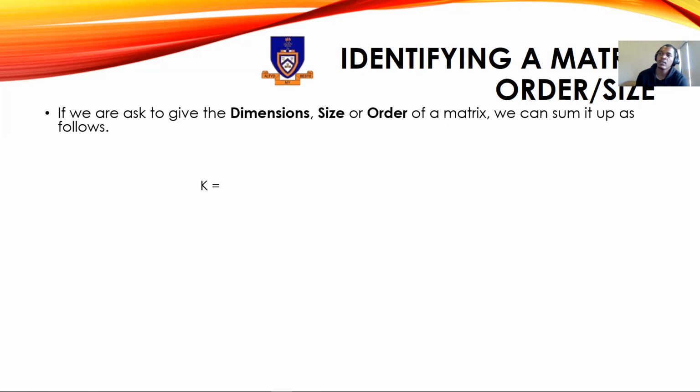Also note that we explained last time that a vector can have a representation of a small letter, right? But a matrix has a representation of a capitalized letter, all right? And that is also one thing that we differentiate between a vector and a matrix, okay?